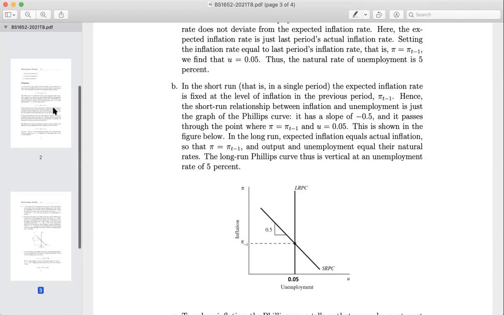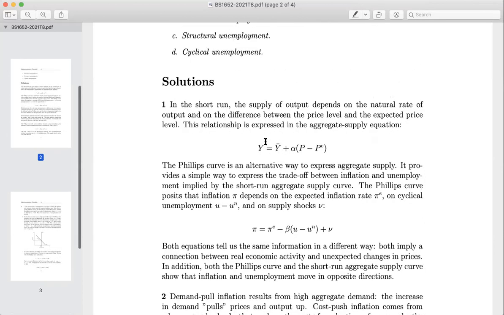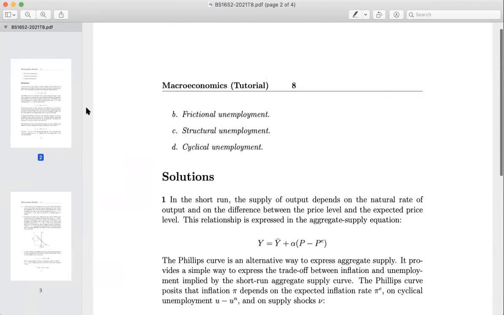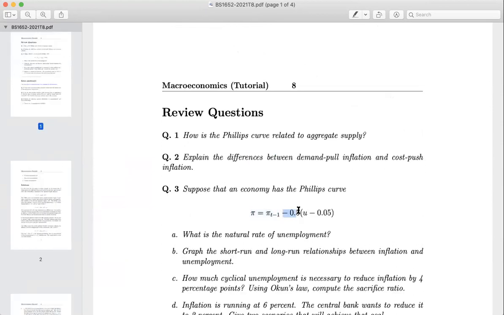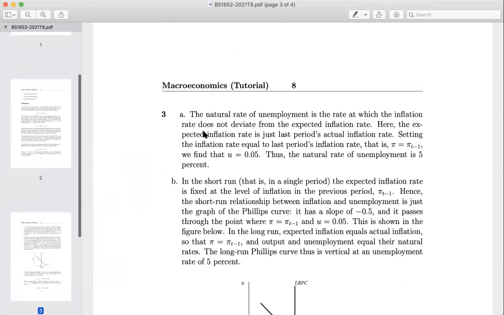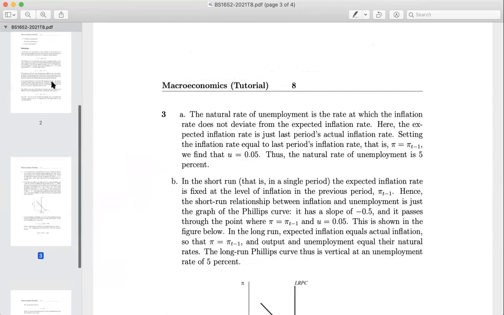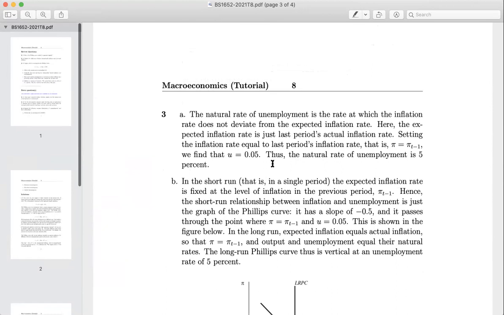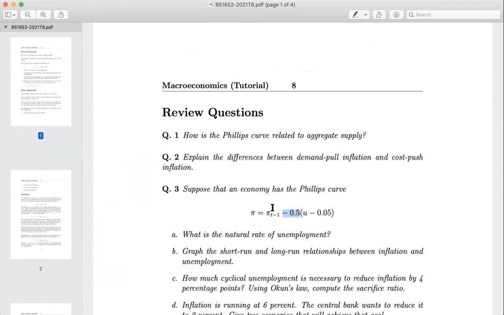Why it is downward sloping, we already know from our understanding of the Phillips curve, but also in the equation we have here, this parameter is minus 0.5, which means that these two are negatively correlated. And the slope is actually 0.5. So I know the slope. I was given the slope.